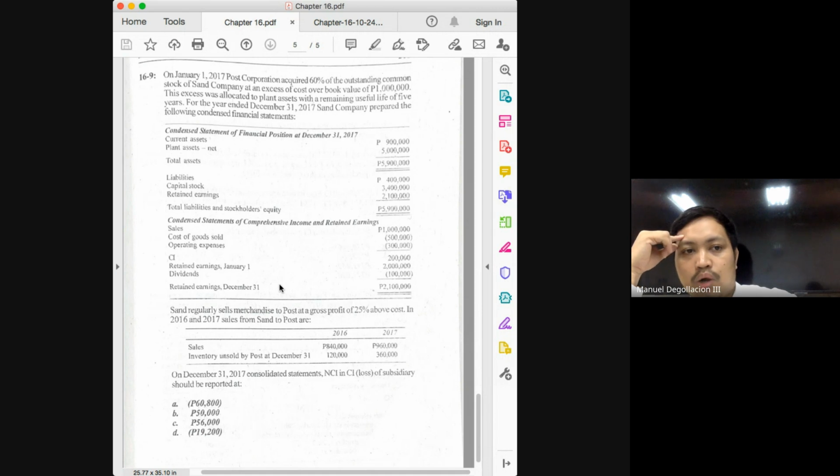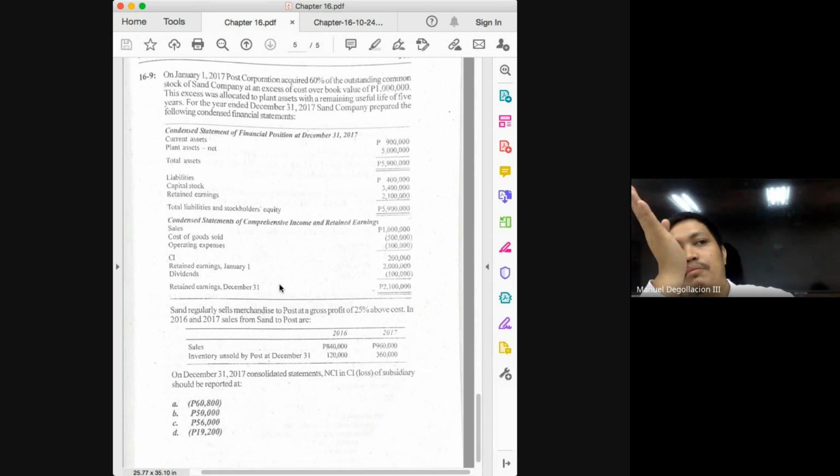But one thing that makes this problem different from the other problems, class, is that this would be the first problem in these multiple choice problems wherein, aside from the markup and the adjustments from intercompany sale of inventories, we will also have adjustments from the amortization of the excess. So this is the first problem wherein we will be joining the adjustments in the previous chapter and the adjustments brought about by intercompany sale of inventories that are introduced in this chapter.